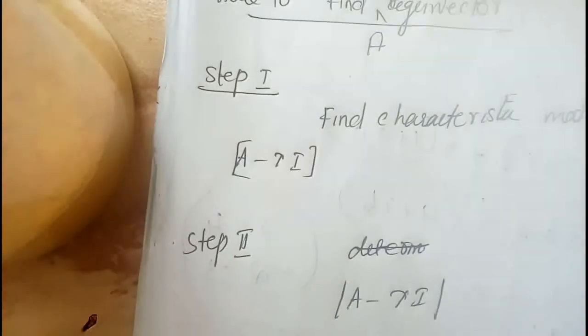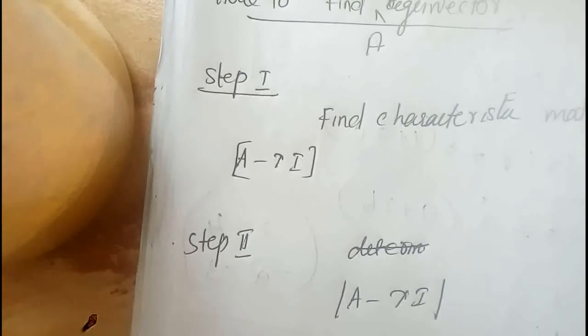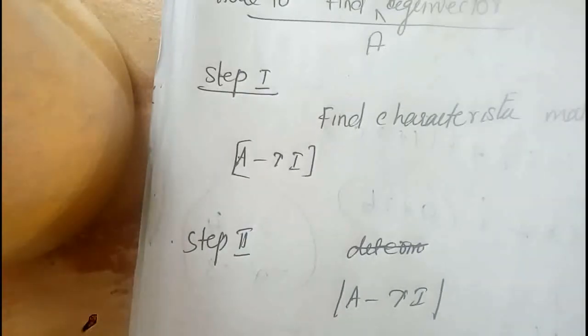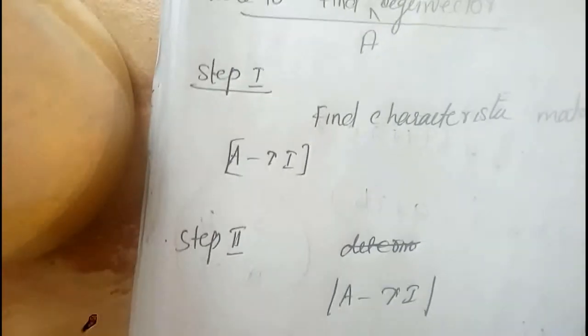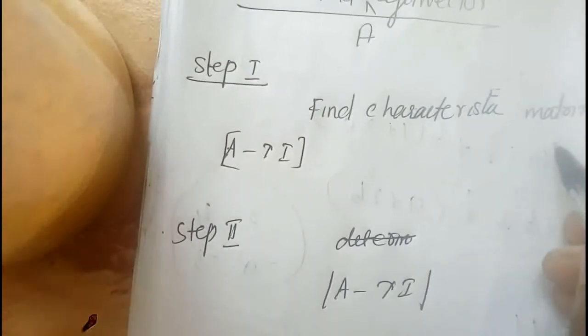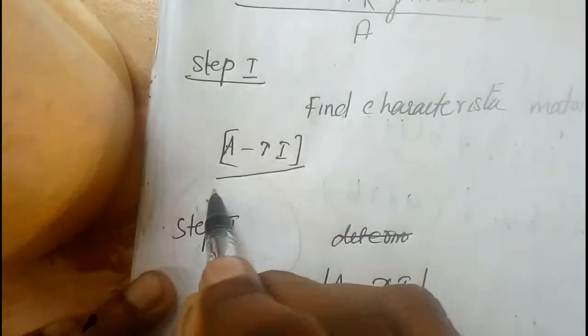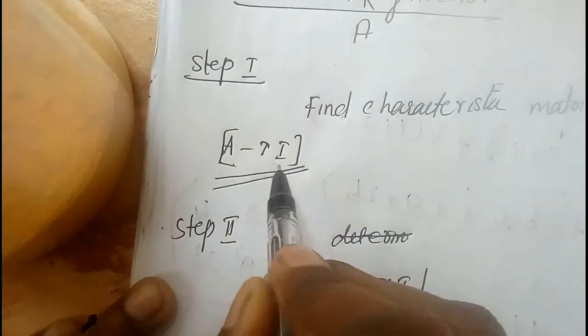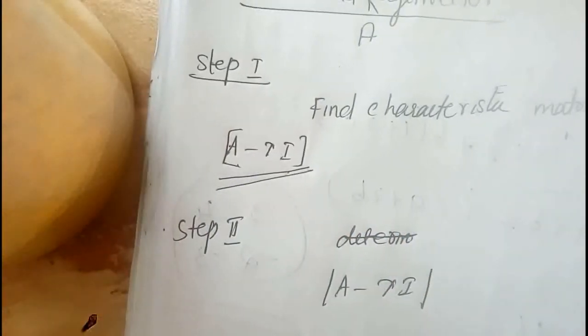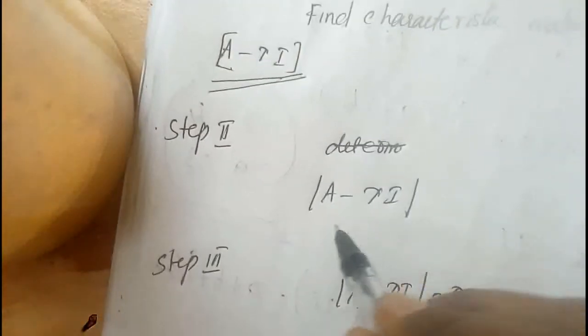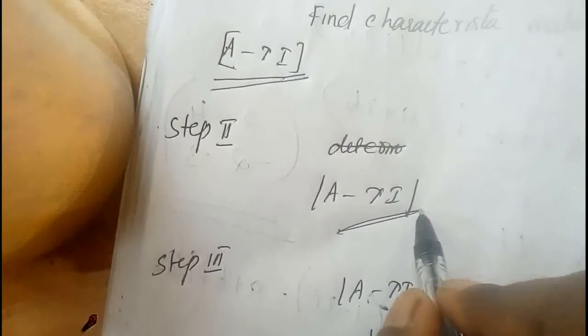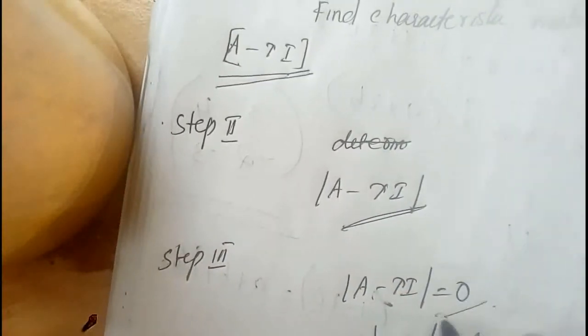Then we take the coefficient matrix and find the characteristic matrix, which is formed by A minus lambda I. Then find the determinant of the characteristic matrix and equate it to 0.